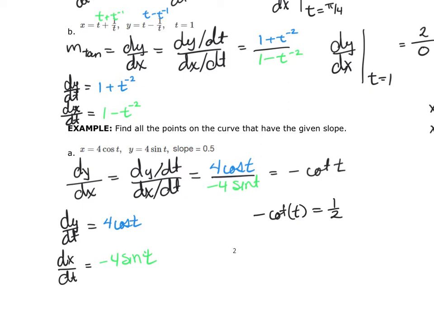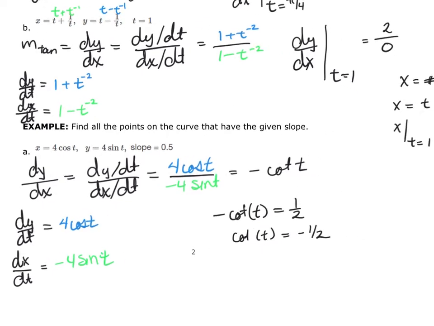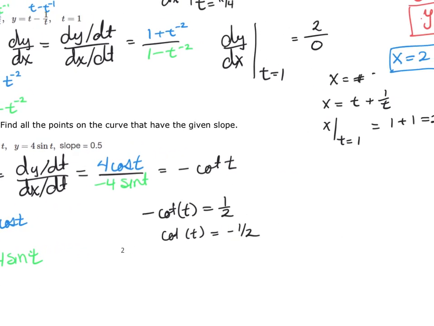So to figure out where this happens, I find the points in which the cotangent of t is equal to negative 1/2. At this point I can take the cotangent inverse of both sides, and t is equal to the cotangent inverse of negative 1/2, but that's not on my calculator. Tangent inverse is.